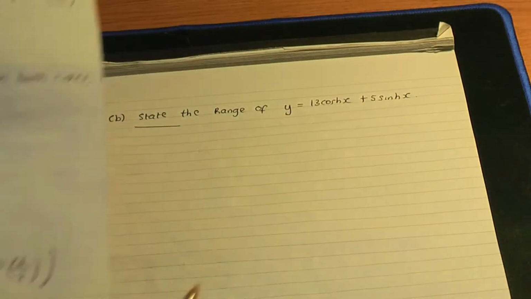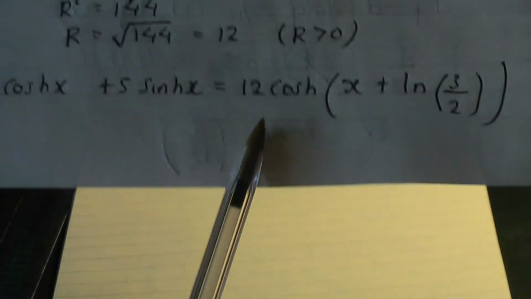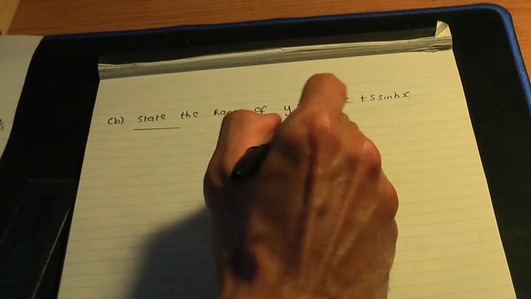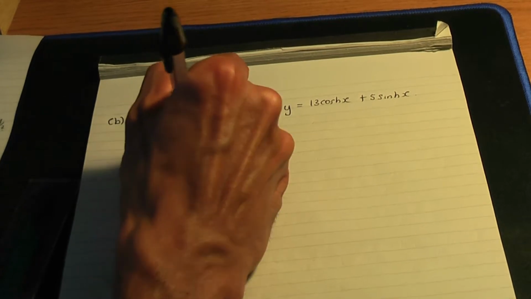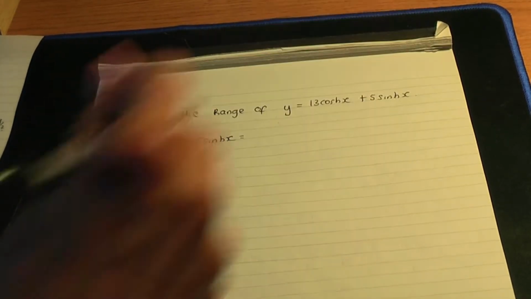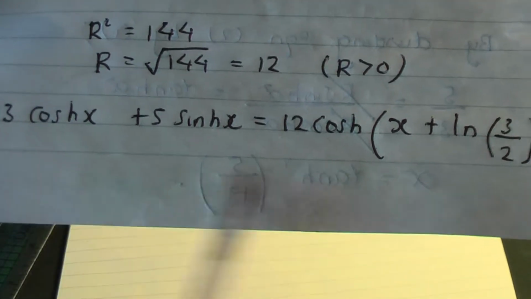So in order to find the range of this expression, we're going to use the answer that we had here in the previous video. Okay, so remember, 13 hyperbolic cos x plus 5 hyperbolic sine x. In the previous video we wrote it in this particular form, okay, so these two expressions are equal.